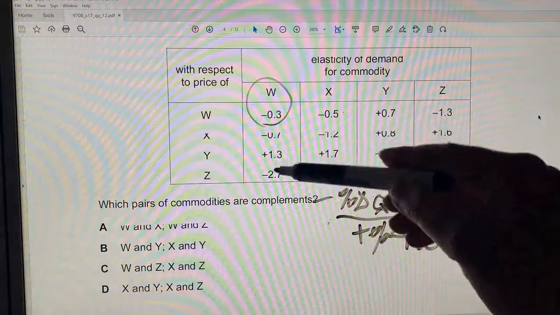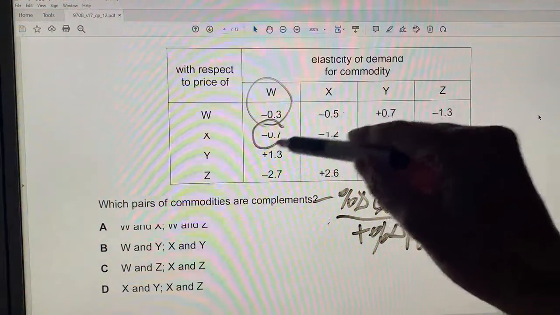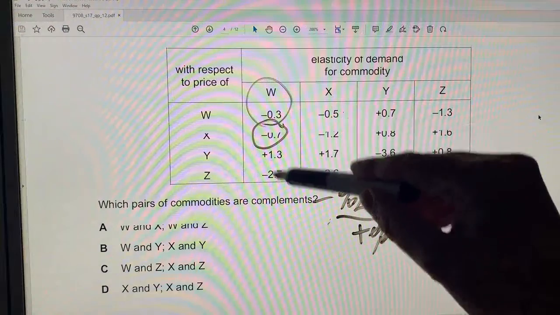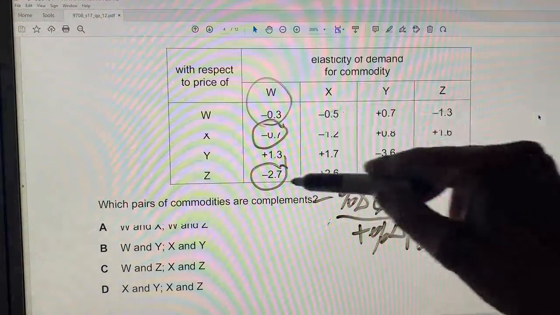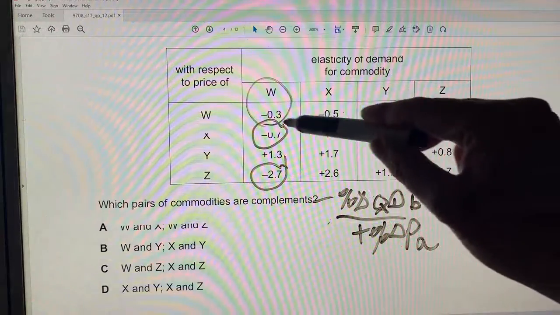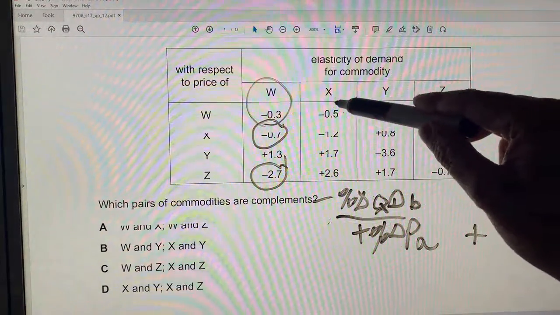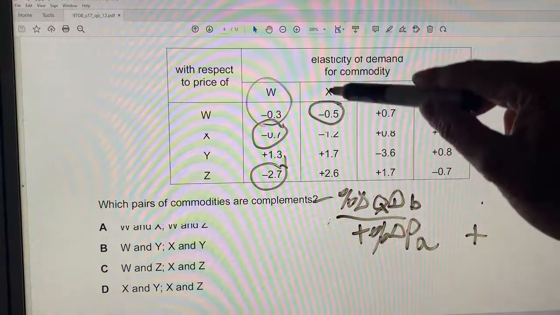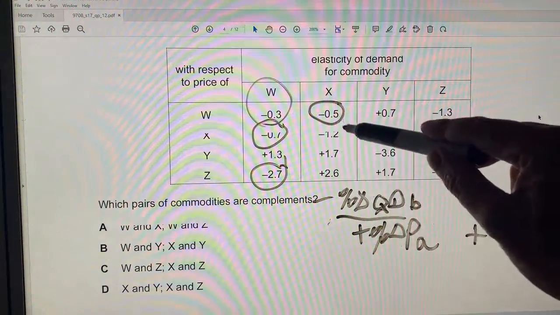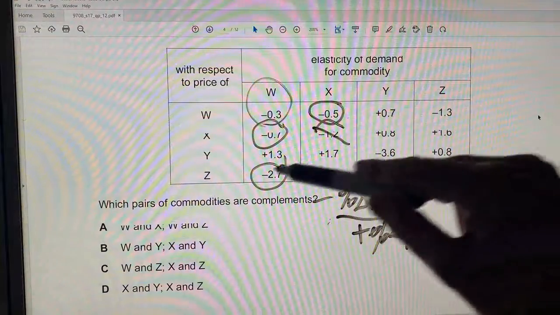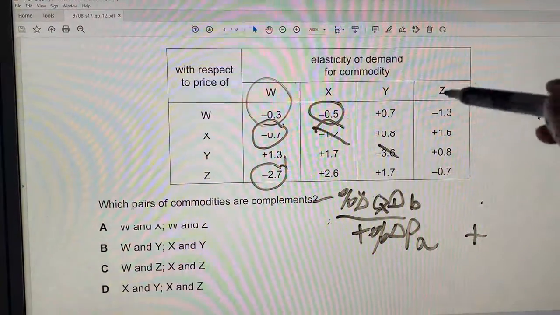So let's just look for negatives. And here's a negative 0.7. That's not very clear. Here's a negative 2.7. This is the cross. Yeah, that's the cross. And here's W and X again, and X and X. This is not valid. Y and Y is not valid.